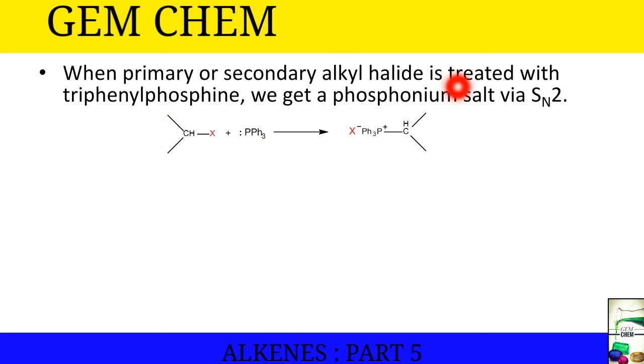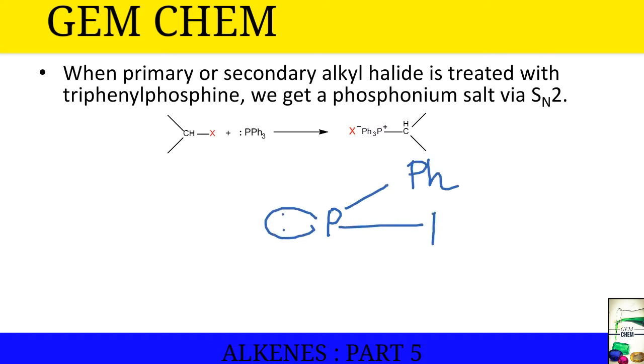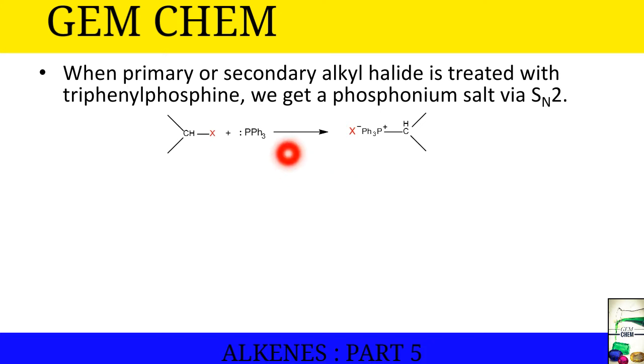Now it is treated with triphenyl phosphine, that is PPh3. It looks like P with a lone pair and 3 phenyl rings, that is the benzene rings. This reacts via SN2 to form this one, which is known as phosphonium salt.